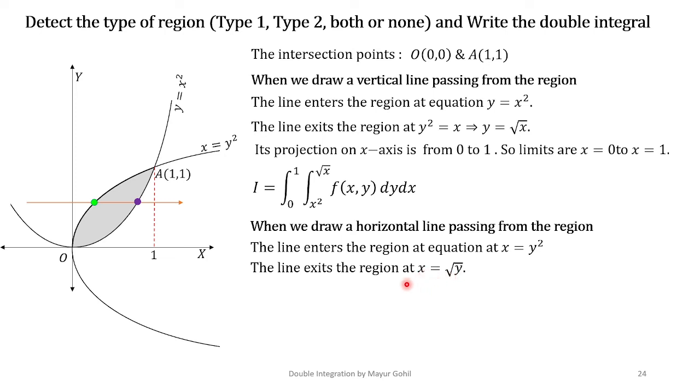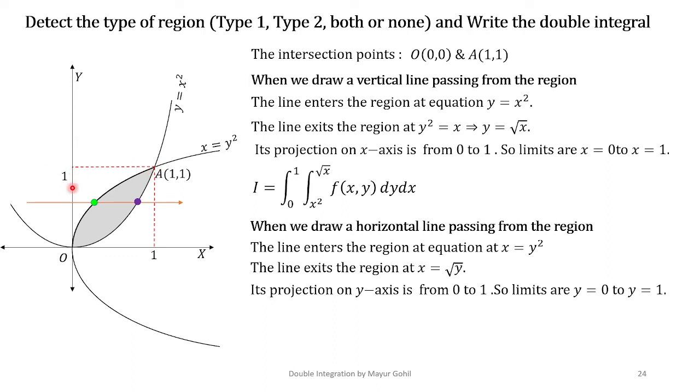Now what about the projection? When we talk about projection in a type 2 region, remember that it has to be on the y-axis. You can see that the maximum point over here is 1 comma 1, and the shadow of the region is going to fall on the y-axis from 0 to 1.